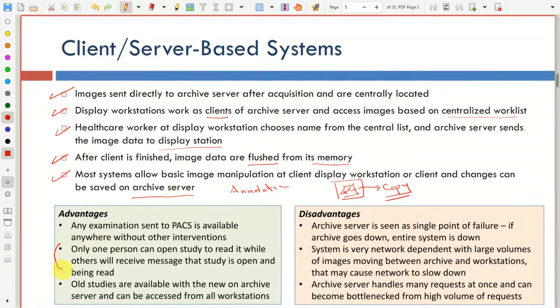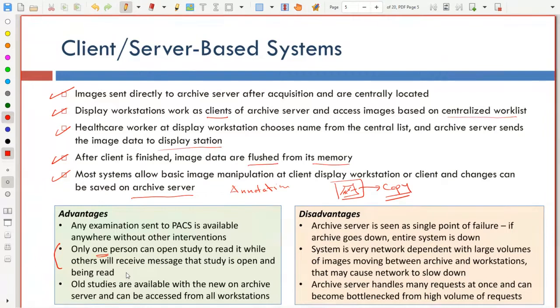One very important thing is that only one person can open a study to read it, while others will receive a message that this study is open and being read. Because it's a central server, you can imagine situations in very large hospitals where two people can open the same patient.